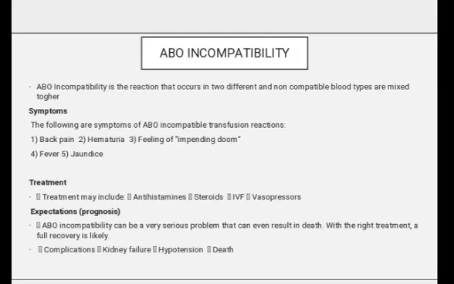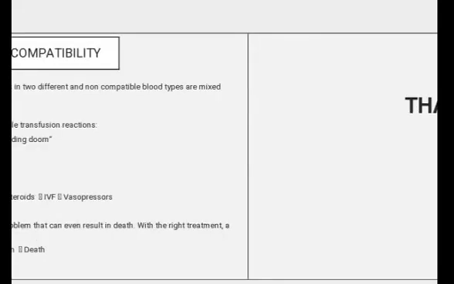Regarding the prognosis of this reaction, ABO incompatibility can be a very serious problem that can even result in death. With the right treatment, a full recovery is likely. Complications can include renal failure, hypotension, and death.